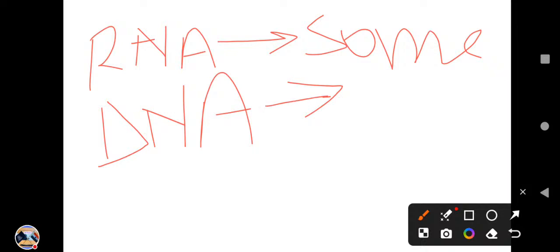Okay, so RNA is found in some organisms, like bacteria or viruses, but DNA is frequently found as the genetic material in organisms.